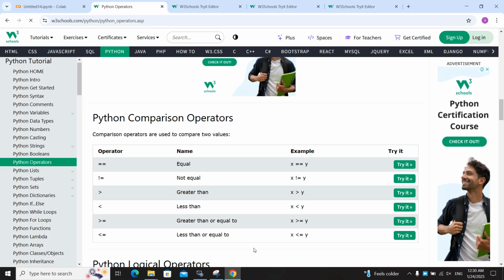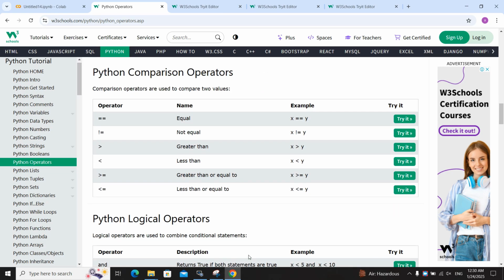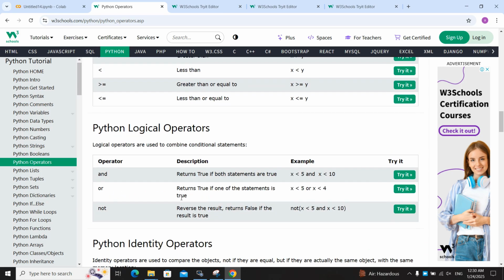Let me give you some advice. More lines of code doesn't actually mean your code is going to run slower. Sometimes it is faster because you are using some functions that take less time to do the work than another function. We have the operators equal, not equal, greater, less than, greater or equal, less or equal. We know about them.